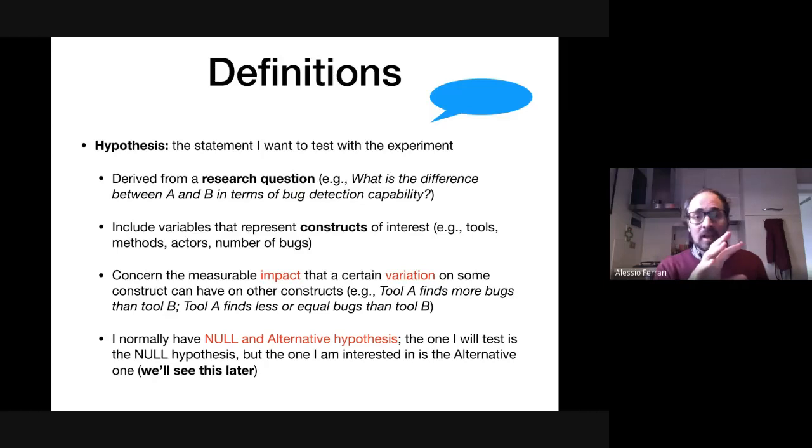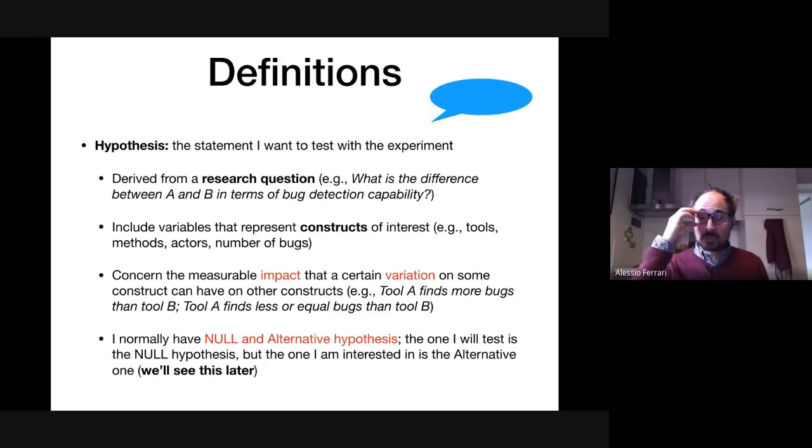I start with the hypothesis, and at the end of my experiment, I have either rejected a certain hypothesis, or I have some support for that hypothesis. Okay, the hypothesis is normally derived from a research question. For example, what is the difference between A and B in terms of bug detection capability?